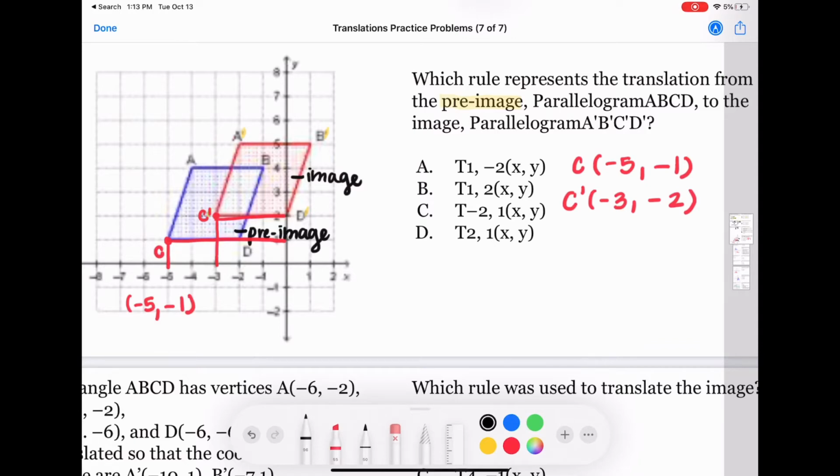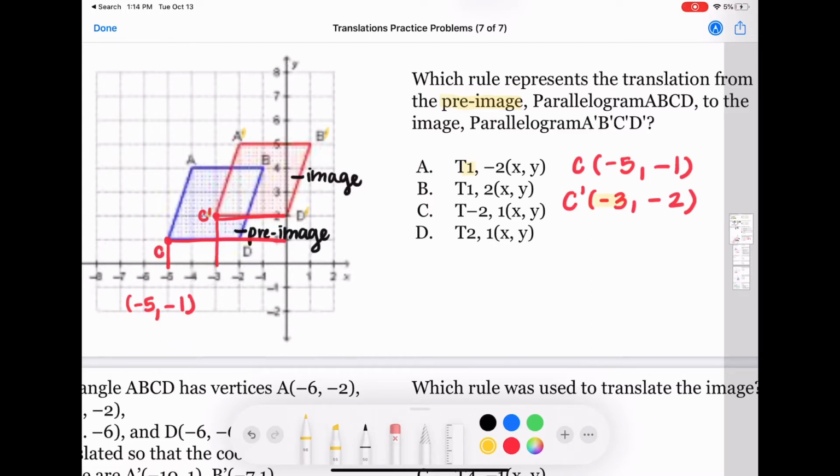Let's look at the first answer choice. Answer choice A states that we added 1 to x in order to get to C prime. Well, -5 plus 1 is equal to -4. As we can see here, we are looking for -3.